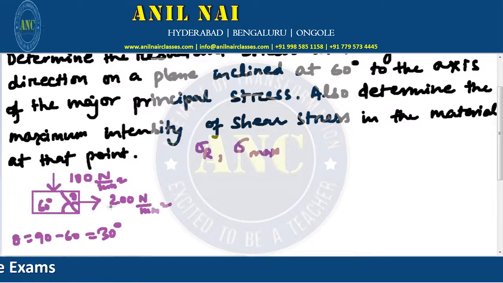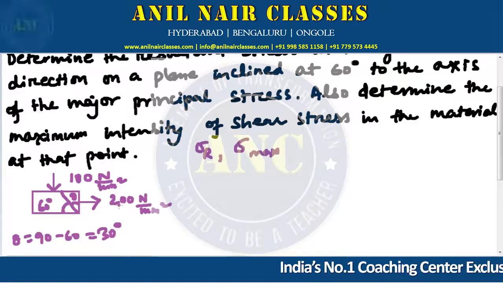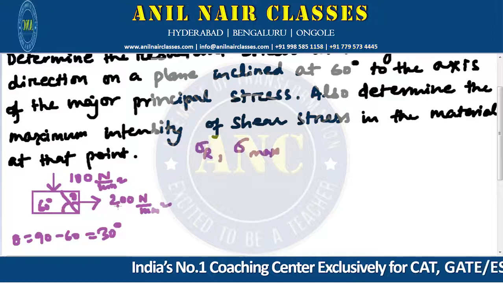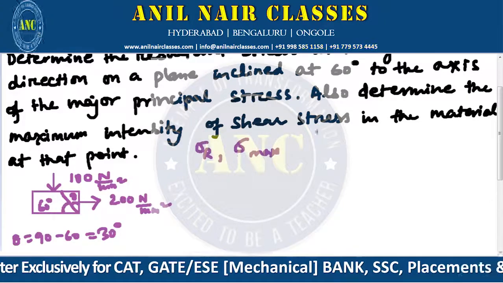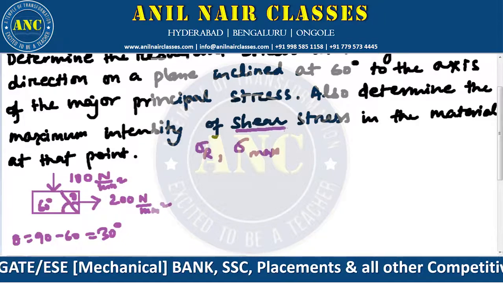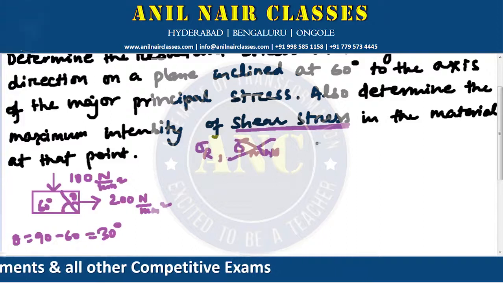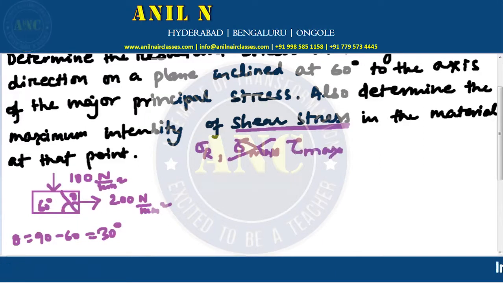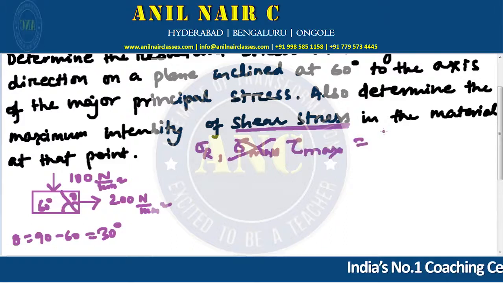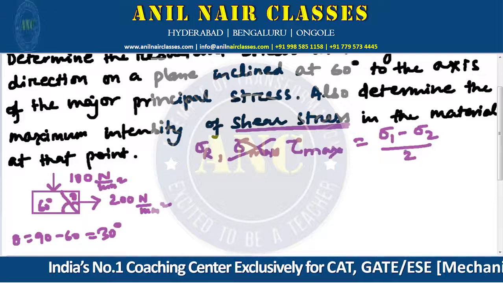Okay. So to find that, again we need to find sigma n and sigma t, and then only we can find the maximum. But here it is asking for the maximum shear stress, so this is not the case. Maximum shear stress is nothing but (sigma 1 minus sigma 2) by 2.